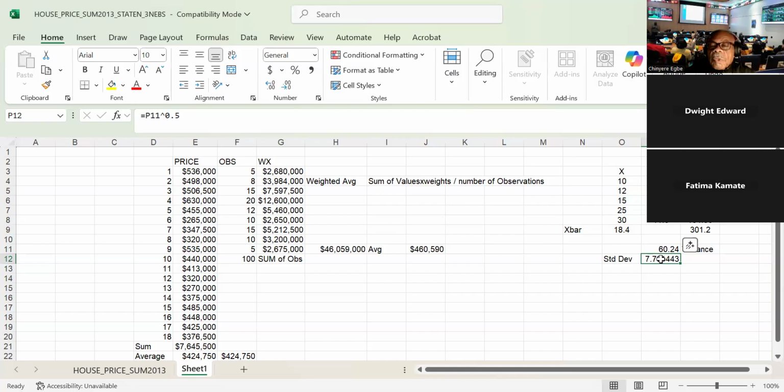Yes, go ahead and ask your question. Yes, when you were doing the calculations for X, and you calculated the number N, do you have to subtract 1 from it? Yes, that's the sample standard deviation as opposed to the population standard deviation. Okay, so right here, what I did was actually a population standard deviation.